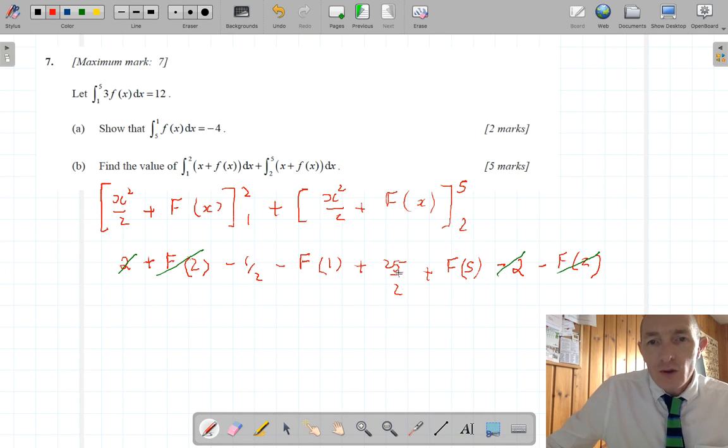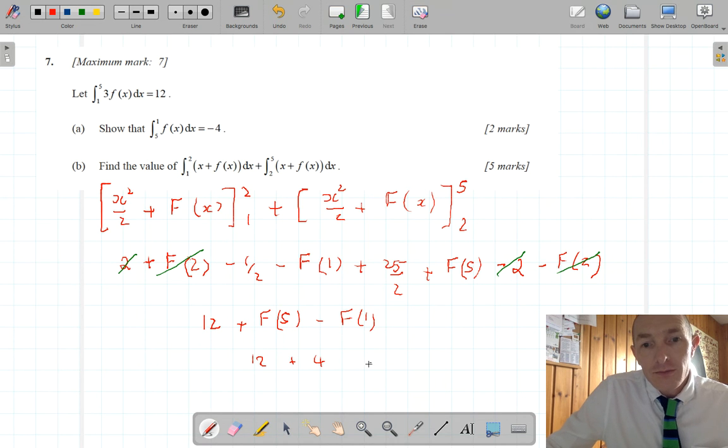And I'm left with 25 over 2 take away a half, which is 24 over 2, which becomes 12. I've got minus F(1) and plus F(5). So if I write the other way, plus F(5) minus F(1), which is 4. That bit there is 4. So we're going to have 12 plus 4.